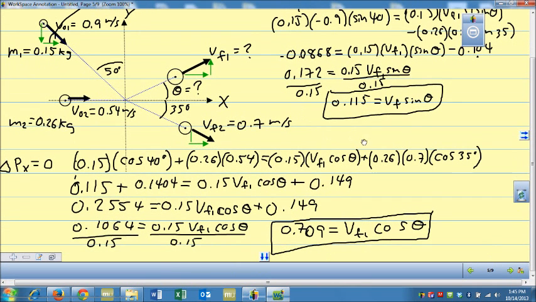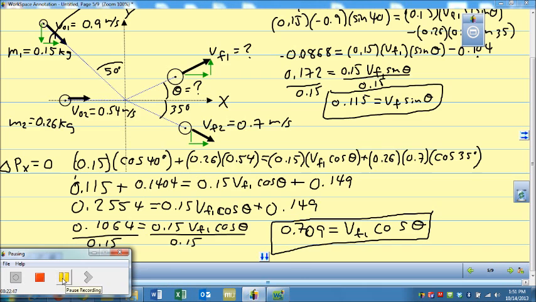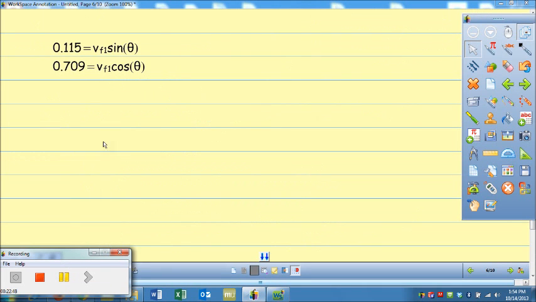So now you see we have these two equations, this one up here and this one down here. Somehow, we've got to use those two equations to find theta and VF1. Okay, we're back.